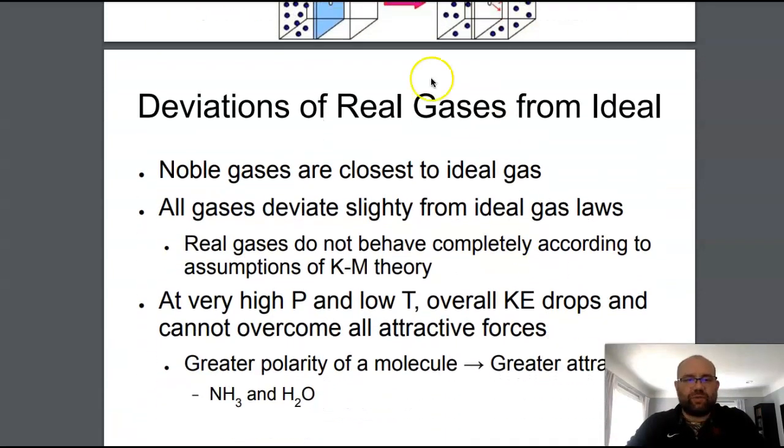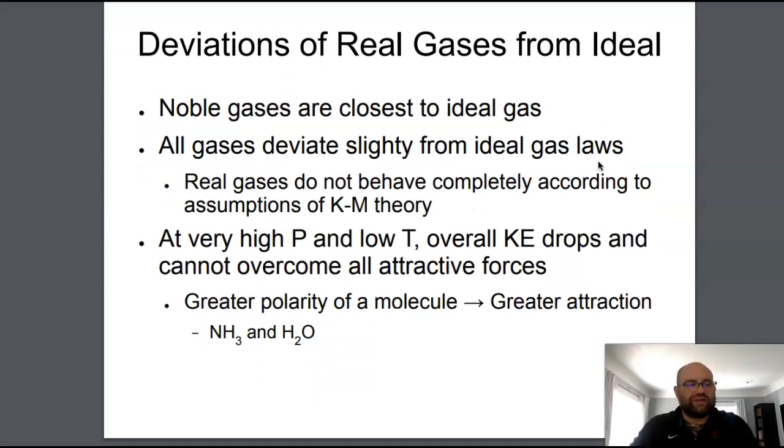Now this relationship with real gases versus ideal gases. So the noble gases, those are the closest to ideal gas. So think of some of the characteristics of the noble gases. They have 8 valence electrons. They have an octet of electrons in their outer shell. They're relatively non-reactive. Because they're non-reactive and they have a full valence shell of electrons, they're also nonpolar.